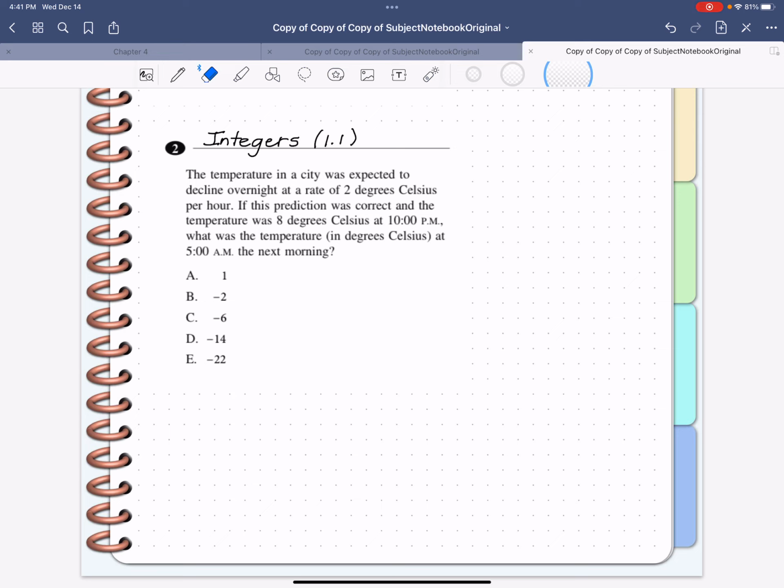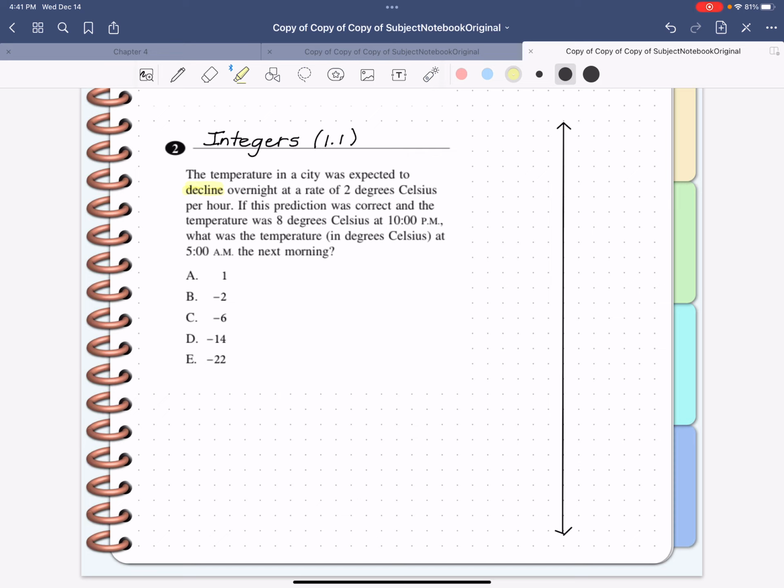the next morning? To scaffold this problem, I'm going to draw myself a thermometer. And I used to tell my students, if you have a problem about temperature, draw yourself a thermometer. There's a keyword in this problem, and that keyword is decline.